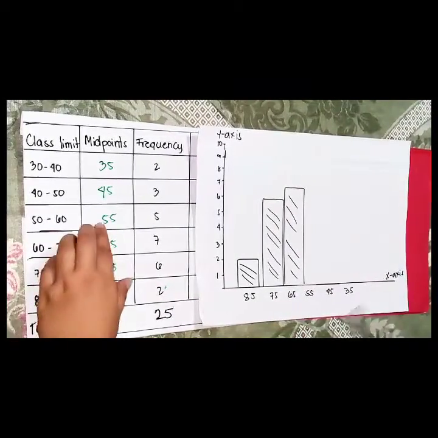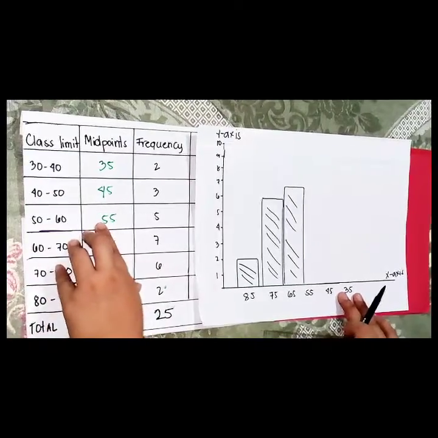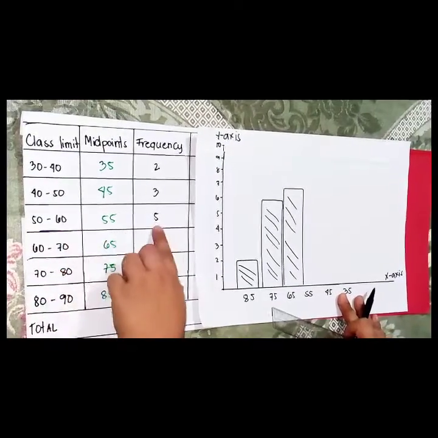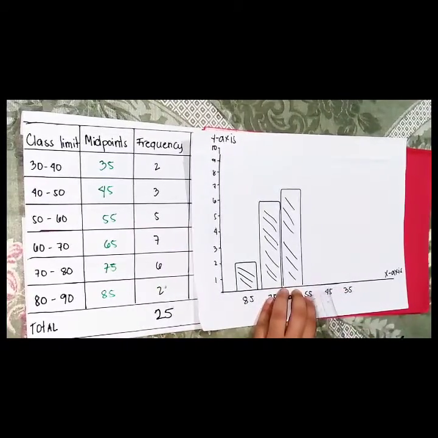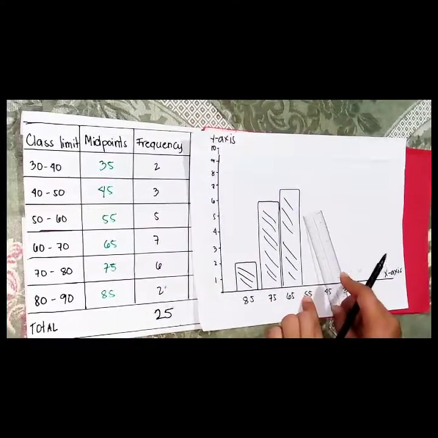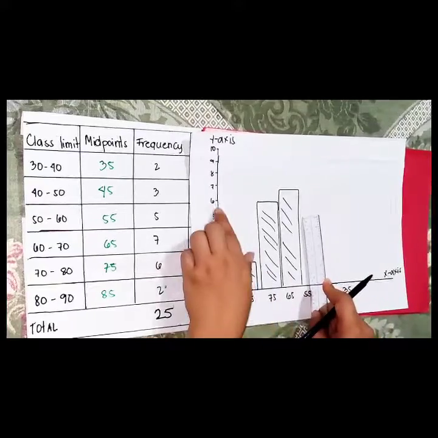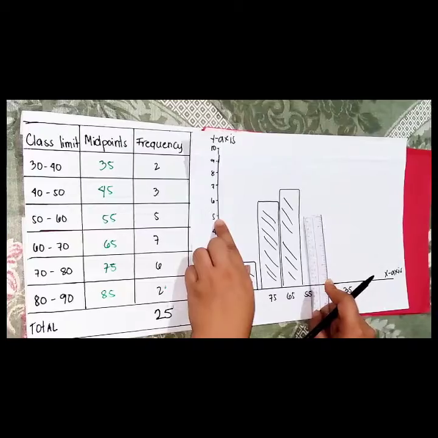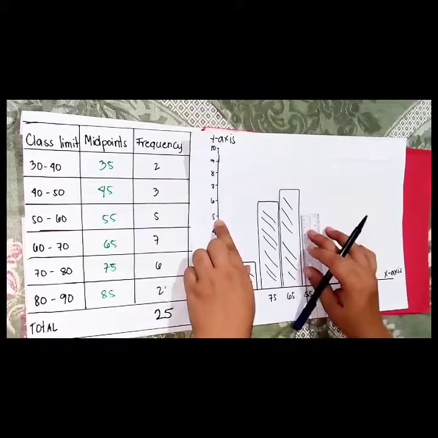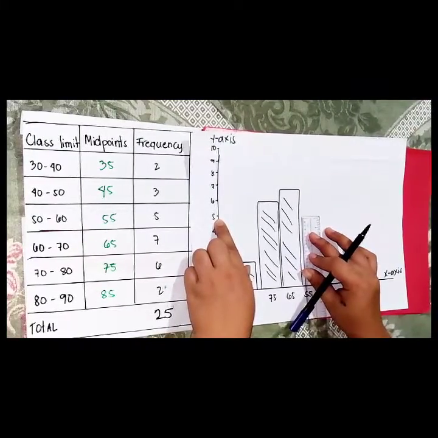Next, in our x-axis, we have 55 with a frequency of 5. For 55, we go to the y-axis, and at 55 the frequency is 5. So we are going to create a bar here.